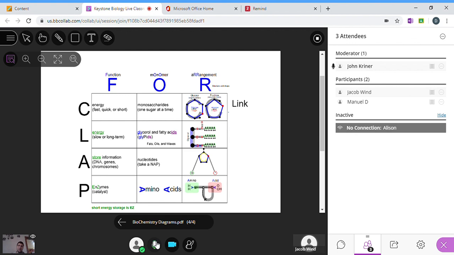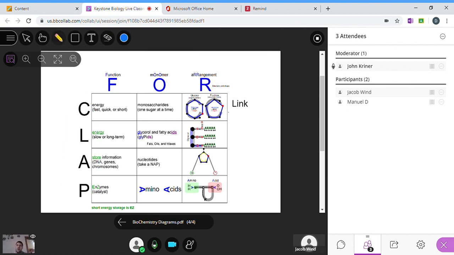Well, we clap for them. C-L-A-P. And that's why it's right here. We clap for them. C for carbohydrates, L for lipids, A for nucleic acids, P for proteins.